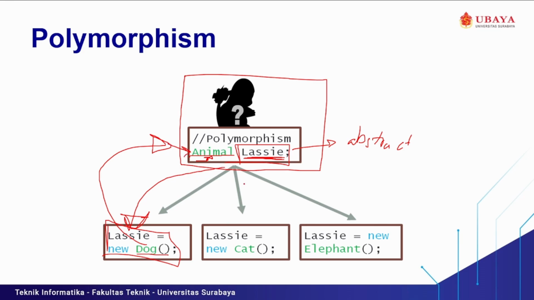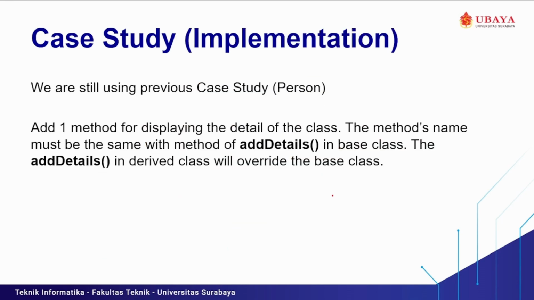We can also initialize lazy as a new cat, on the premise that cat is also a derived class of animal. Or maybe lazy is an elephant, with the same requirement: elephant must be a derived class of animal.